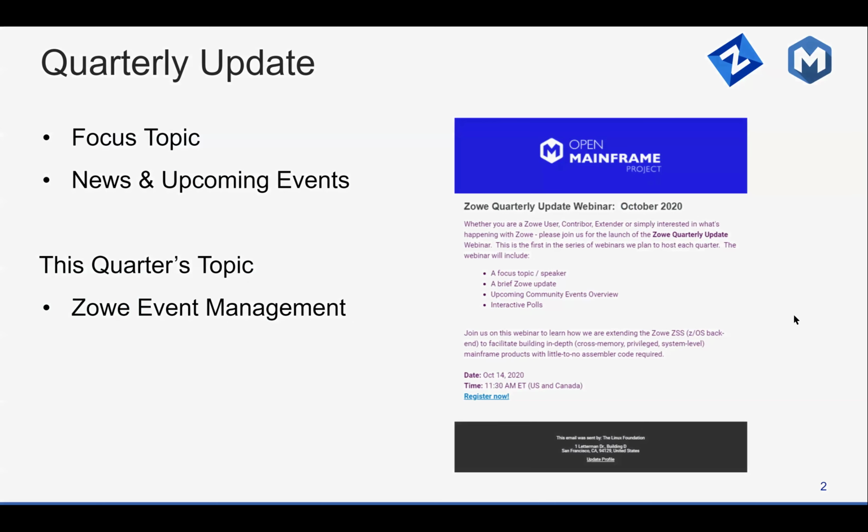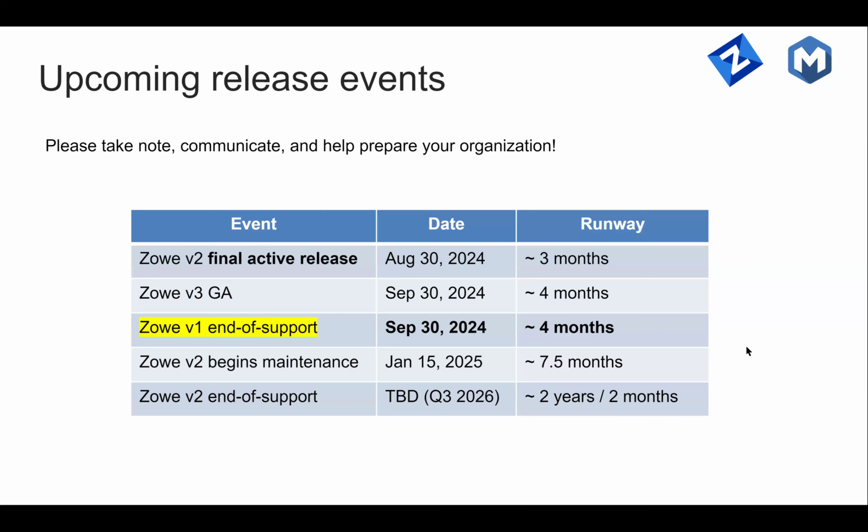Before I hand it off to Adam, though, first, a slide on an upcoming release events that we want to make you aware of. First and foremost, anyone still running Zowe V1, please be aware that support ends for all of the Zowe V1 components this year on September 30th.